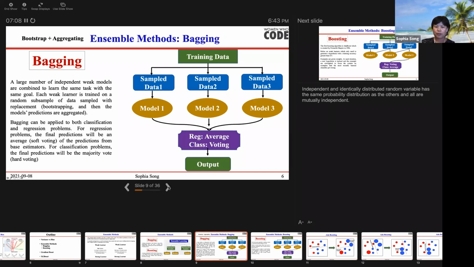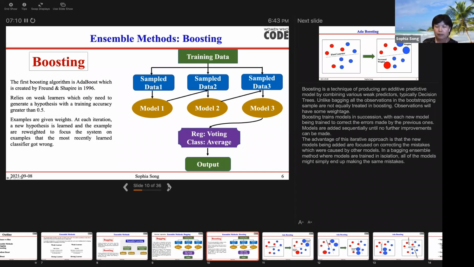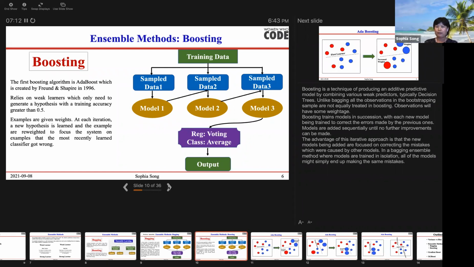The boosting is different from the bagging. In bagging, you separate your data into different subsample data sets. However, for boosting, for example, you have the first model. Based on the first model, you have some predictions, but for these predictions you have some errors.